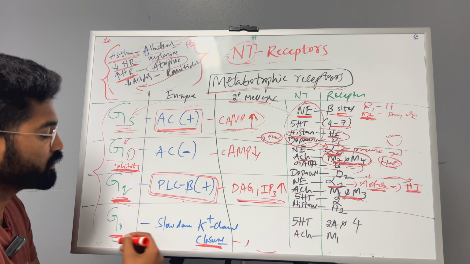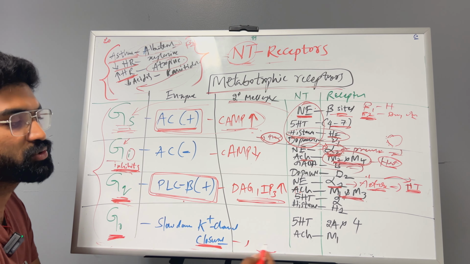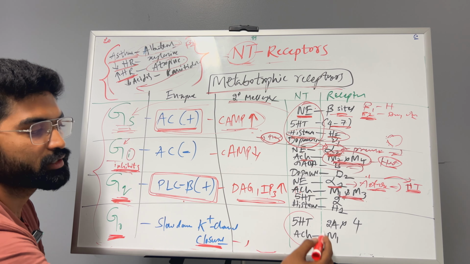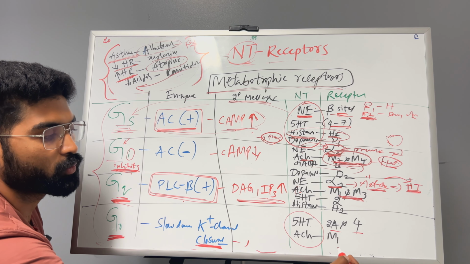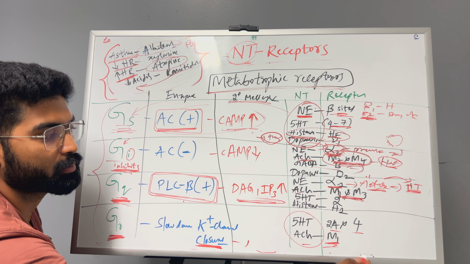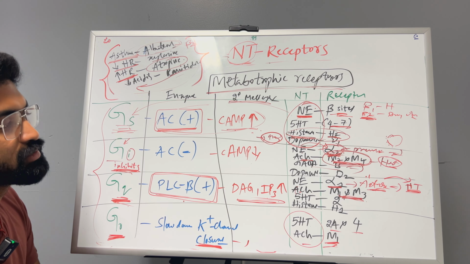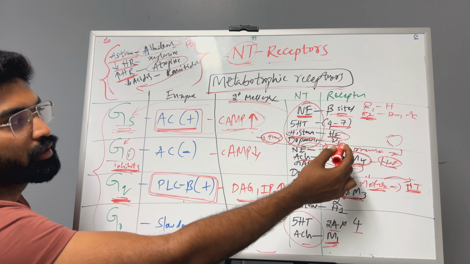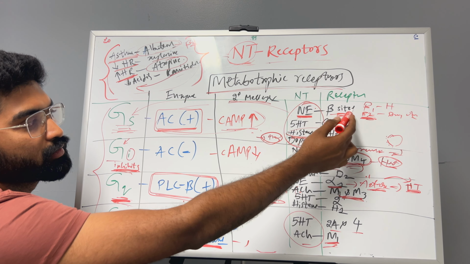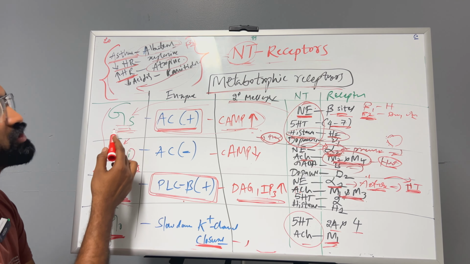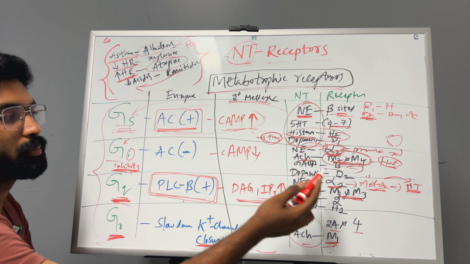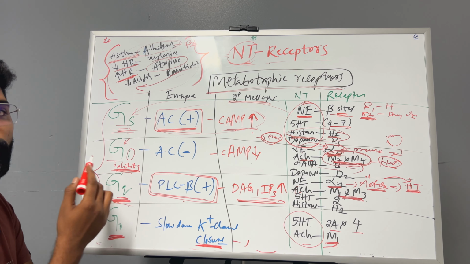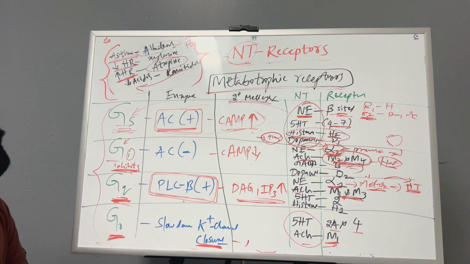This GO type of receptors uses 5-HT type 2A and type 4 and acetylcholine M1 receptors. Apart from these, the dopamine 1 receptor is of GS type and the dopamine type 2 receptor is of GI type. Okay, this is all about the metabotropic receptors.